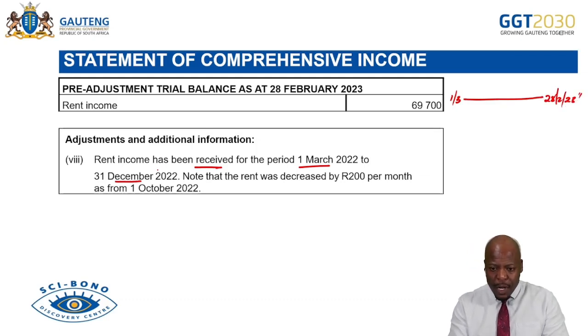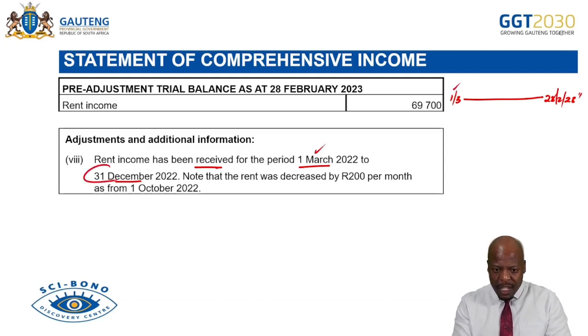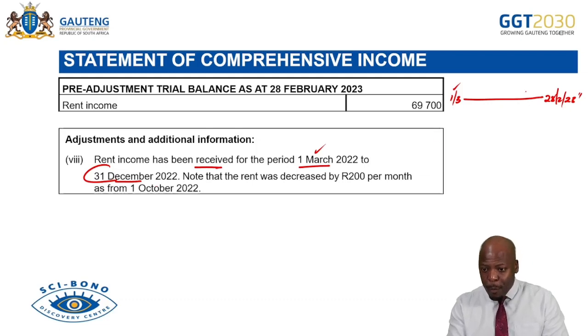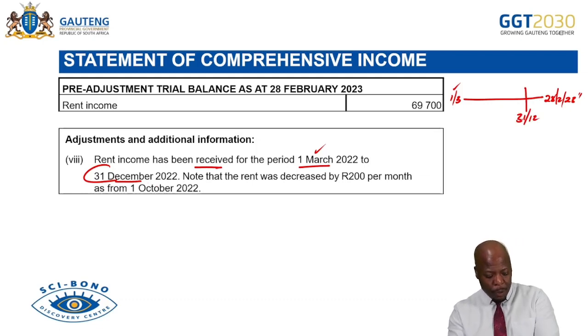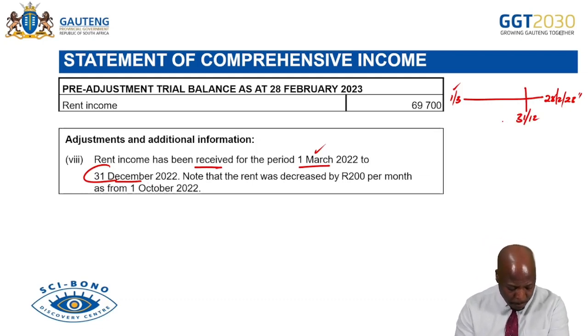But here we are told it has been received from March. It's fine, but we've received it until 31 December. Yet it is supposed to be up to 28 February.